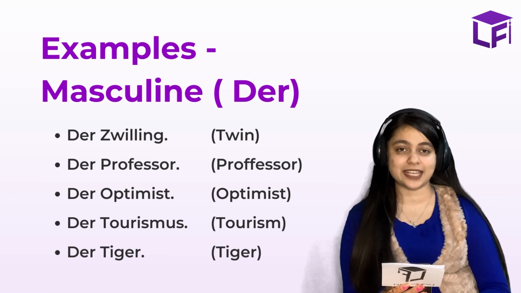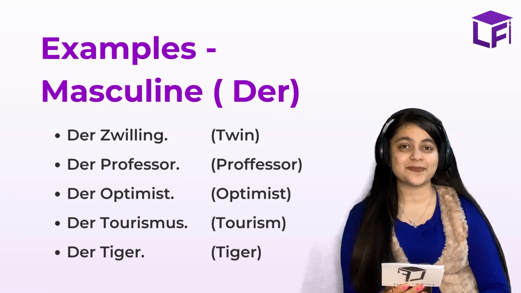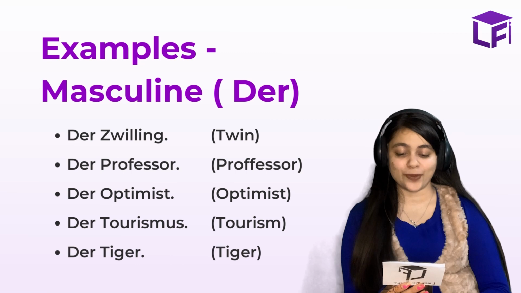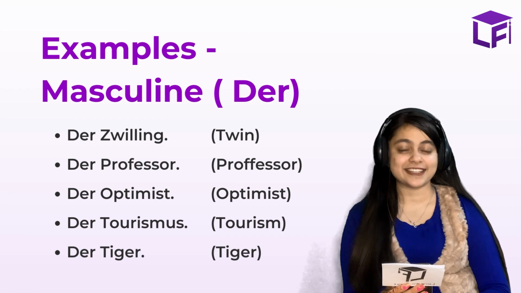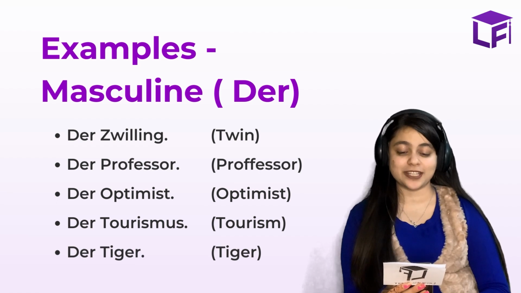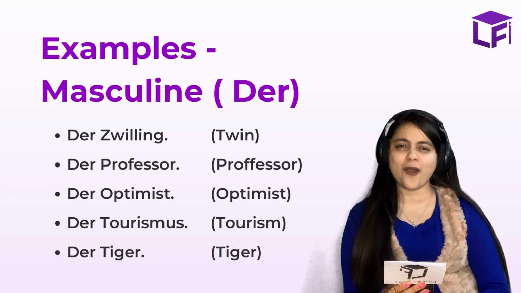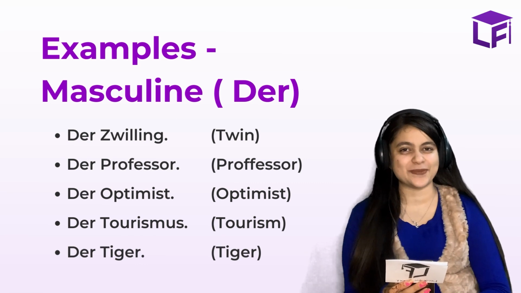The first one says der Zwilling, which means the twin. The second example says der Professor, which means the professor. The third example says der Optimist, which means the optimist, as in the English language.